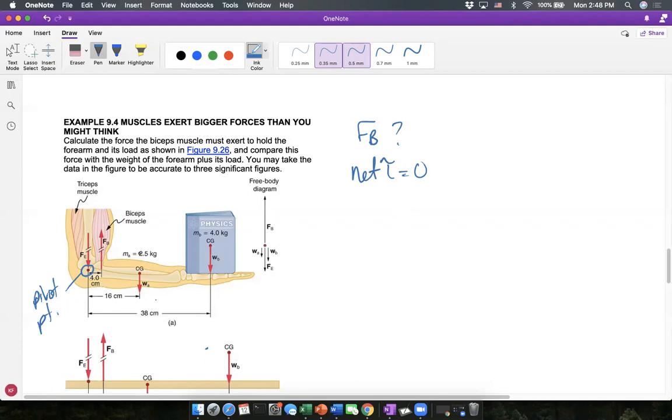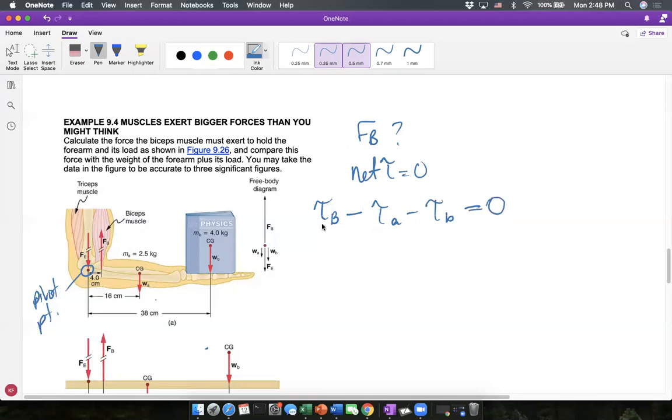Our net torque for our first point, we'll call that tau sub B, plus, but this is in the negative direction, our tau for our weight A, minus tau at B should equal 0.